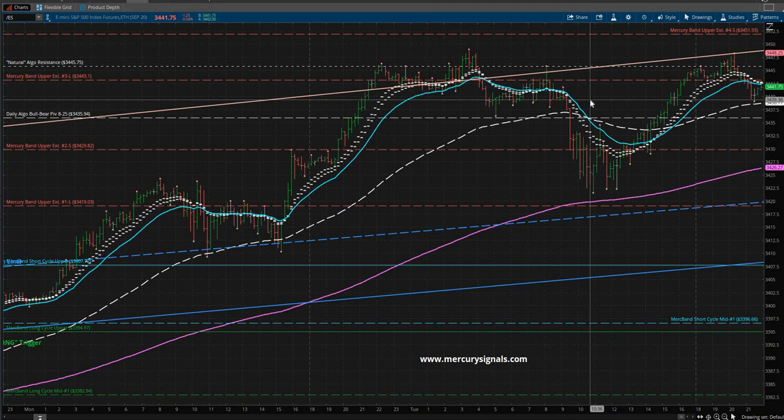And let me say this: I don't care how experienced you are, if you're trying to trade every inch of this tape, you're taking on more risk than you need to. Pick your spots. If your style is to trade in and out frequently, we've got algorithmic metrics for that. But if you're looking for just the one or two, or sometimes three, high probability trades a day, you don't have to trade every inch of this tape.